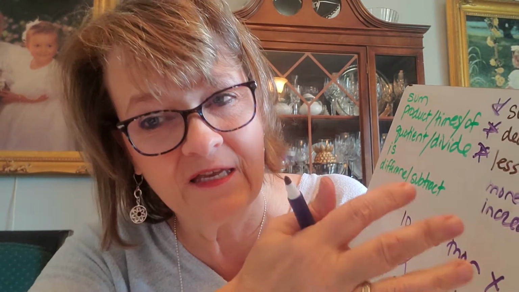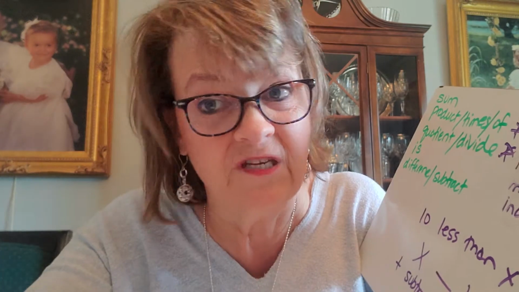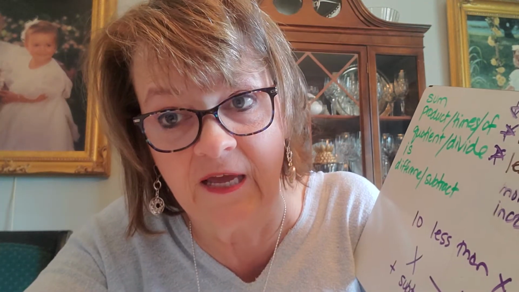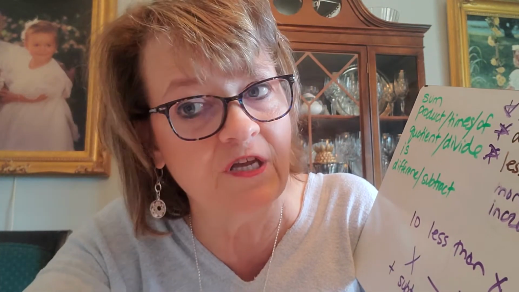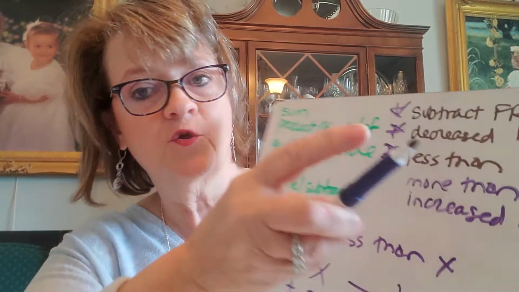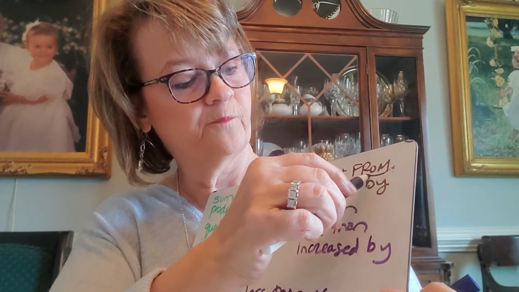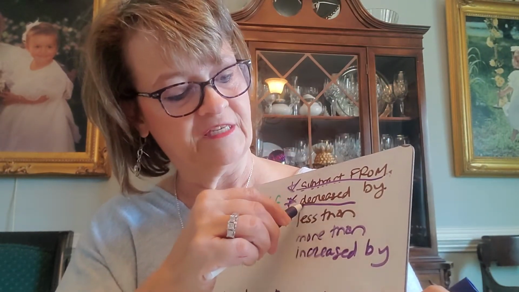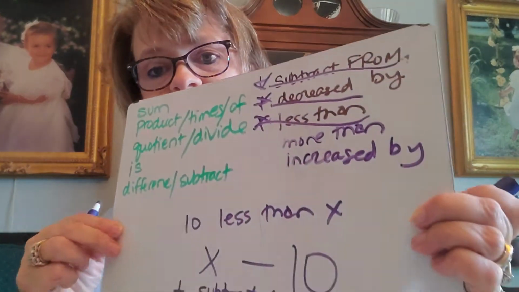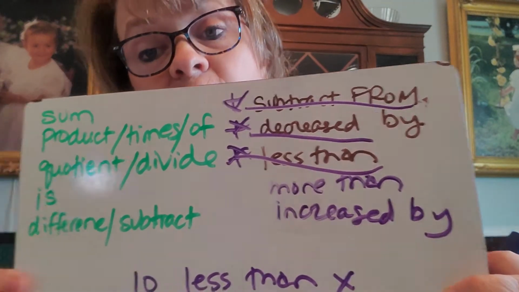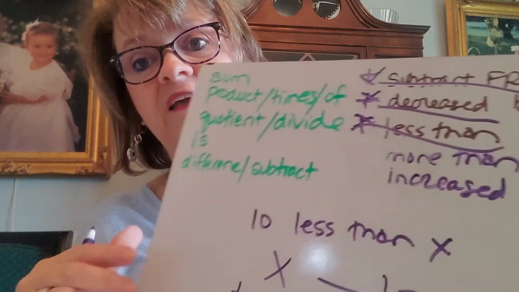Addition, you don't have to be as concerned about because 10 plus 5 and 5 plus 10 is the same thing. Subtract is crucial that you don't mess with that. So the words subtract from, decreased, and less than, they all mean to change the order, and really so does more than and increased by. Okay, so hopefully that will help you when we're working on these.